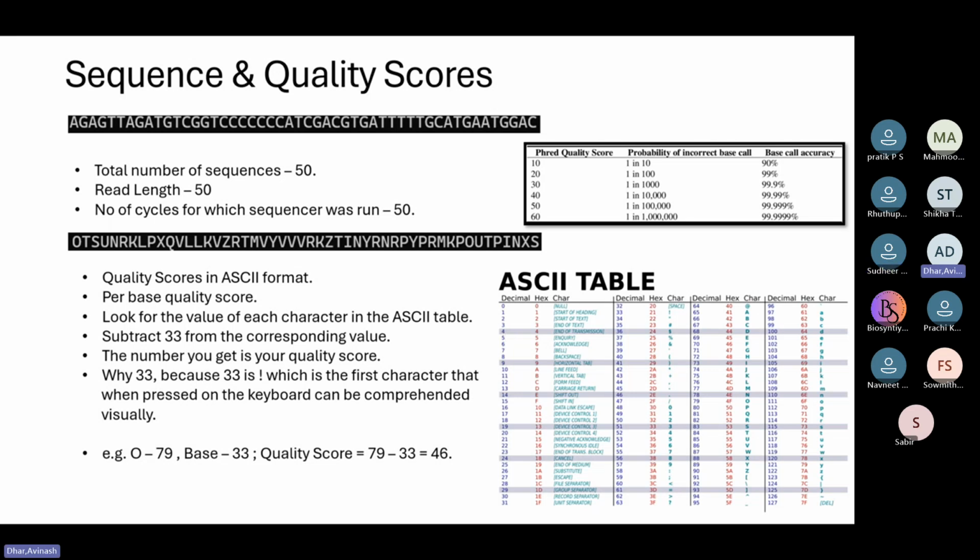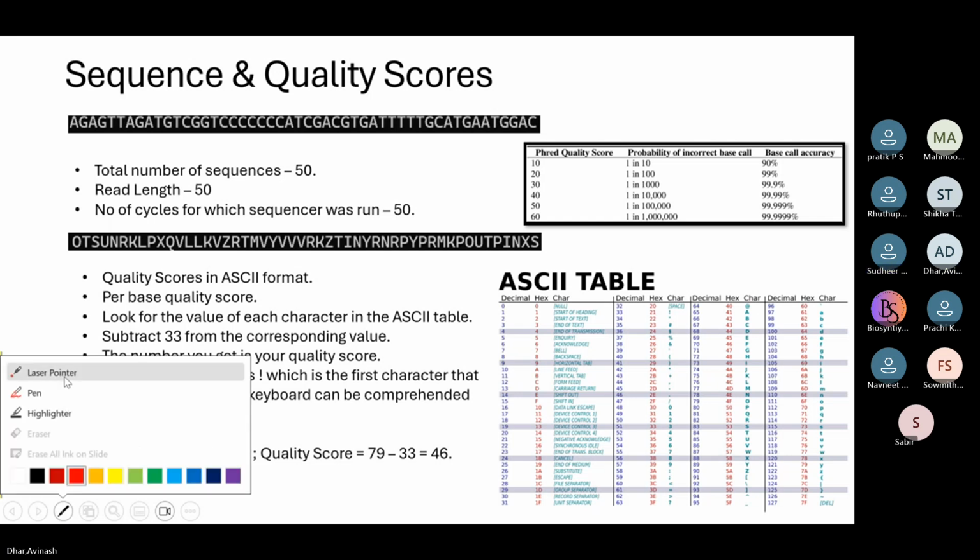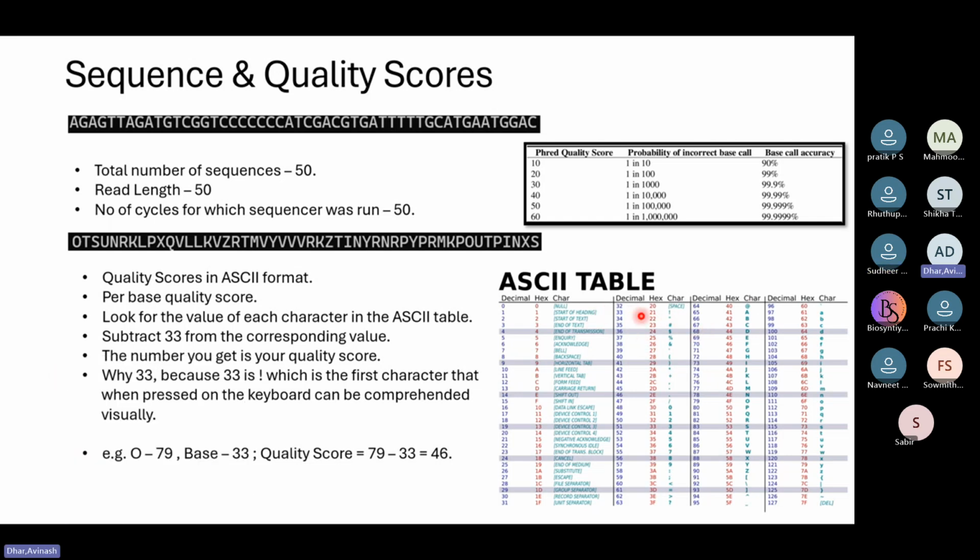Here, that base value is 33. If you look at the table, all the characters before decimal 33 are space, escape, substitute, cancel, shift out, shift in, enter, tab. What does that mean? Even if you press these characters, for example shift, something changes in the backend.